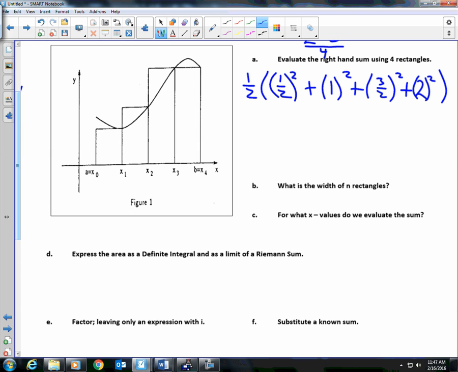All right, so, okay. Now here's where you really got to start thinking. You just calculated the width. The width was 1/2. Suppose I want to know the width of n rectangles and not 4 rectangles. What would the width be of n rectangles? Very good.